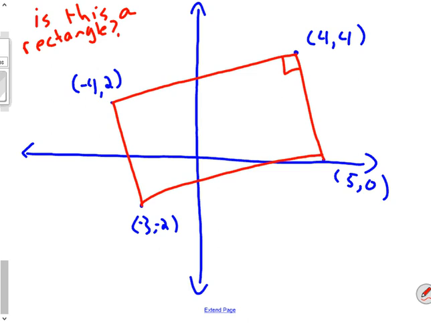Okay, so I picked this one here. We'll compare the slope of this line here. We'll call this line 1. We'll compare that to line 2.